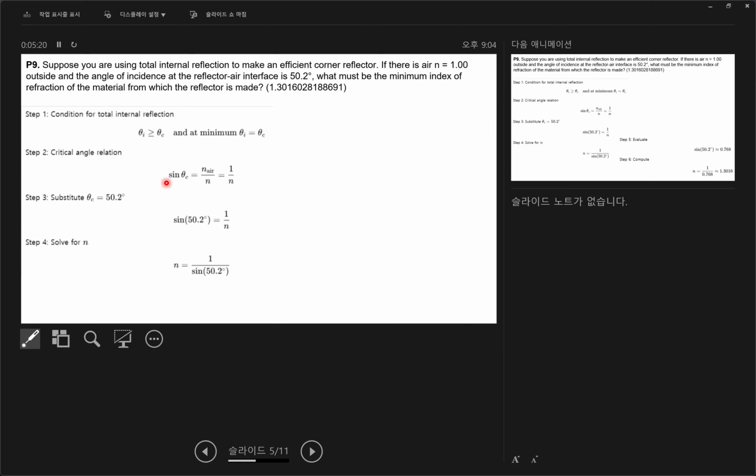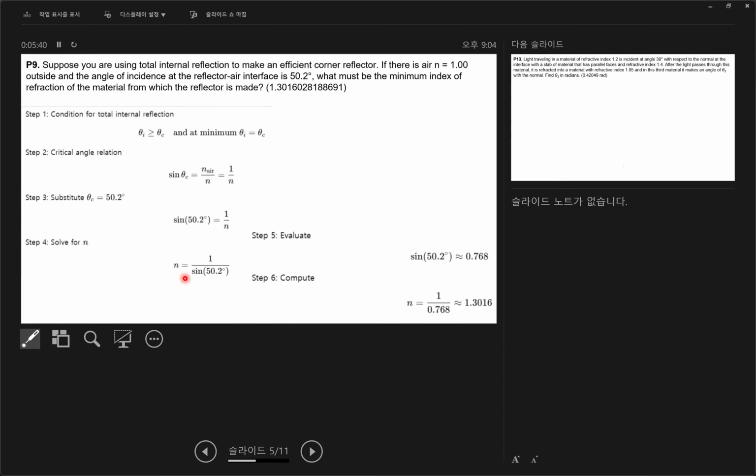In the case of total internal reflection, the formula is sine theta c equals n1 over n2. n2 should be larger than n1. Okay, so in this case, n air is 1, and this is what we want to find out. Then we have this relationship, and we get this one. So it's a very simple application of the critical angle. Okay.